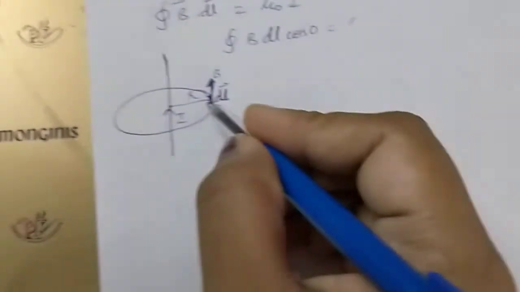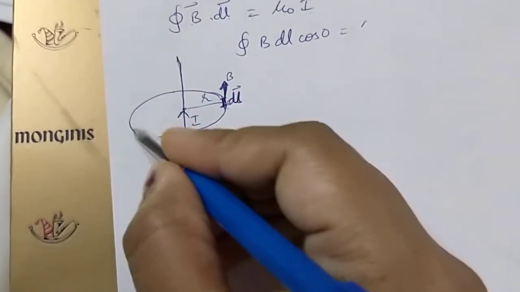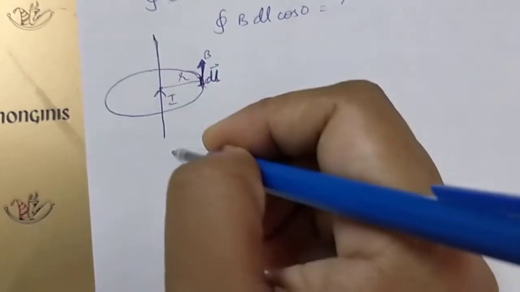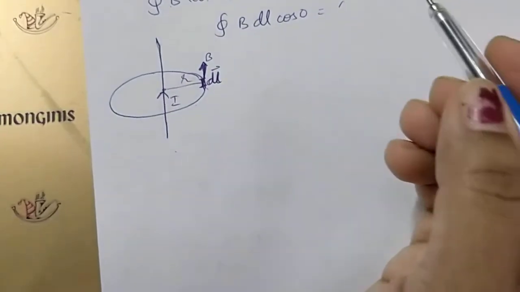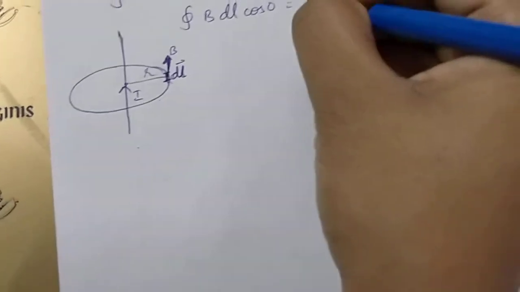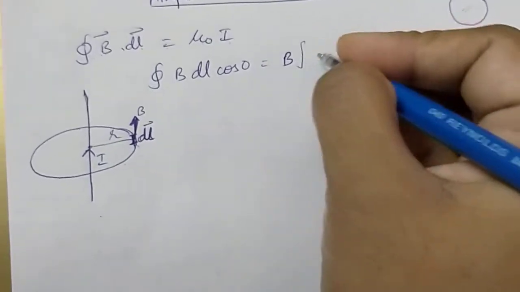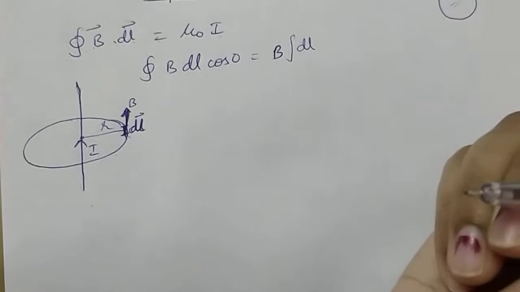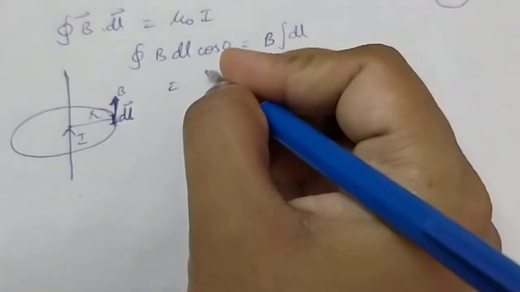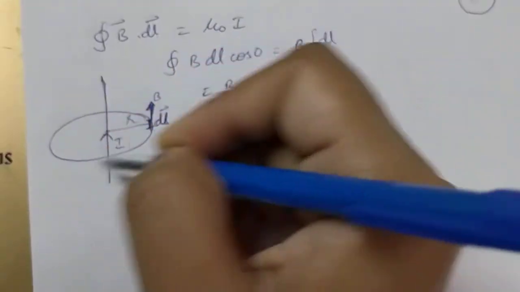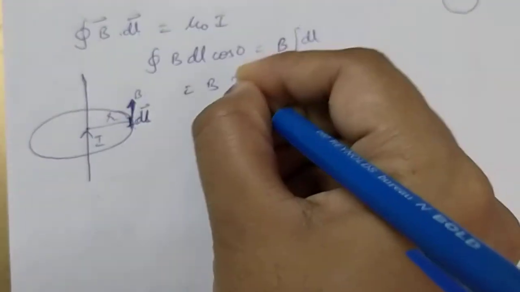Okay, this part I will not write, this part I have to prove. Now due to symmetry, all the points on this Amperian loop are at the same distance from this wire, so the magnetic field magnitude will be constant. I can take that magnetic field outside. So I am left with dl, cos 0 is 1. So this becomes B times integral dl for this complete loop, which is 2 pi r.